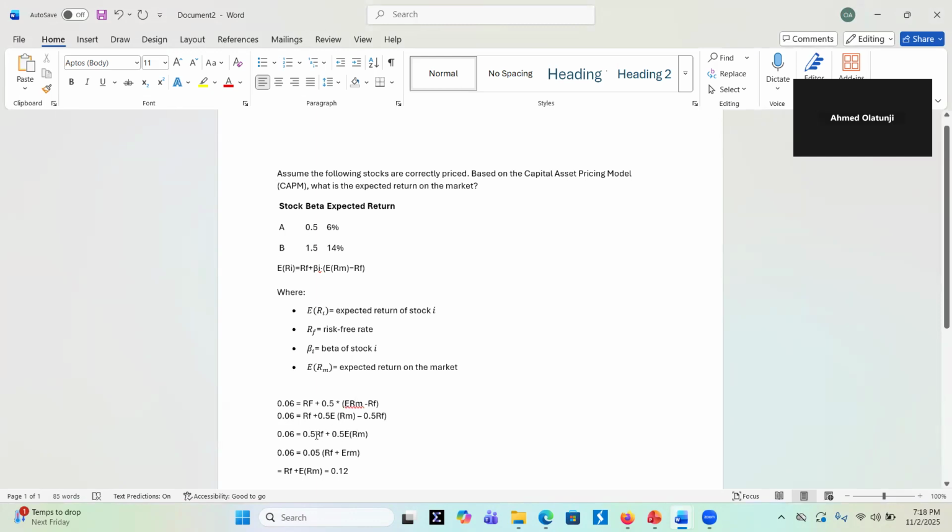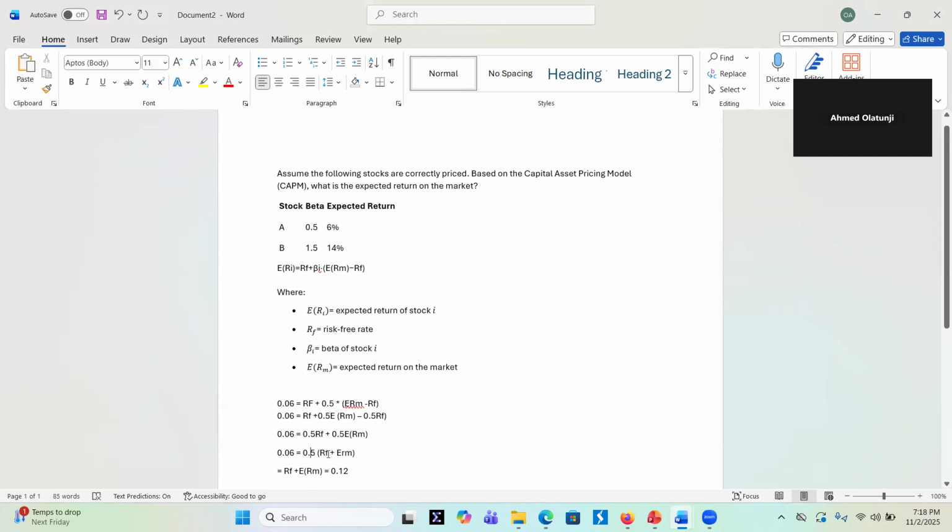We simplify this, since we have 0.5 RF and 0.5 ERM, we bring 0.5 separate, then RF plus ERM separate.